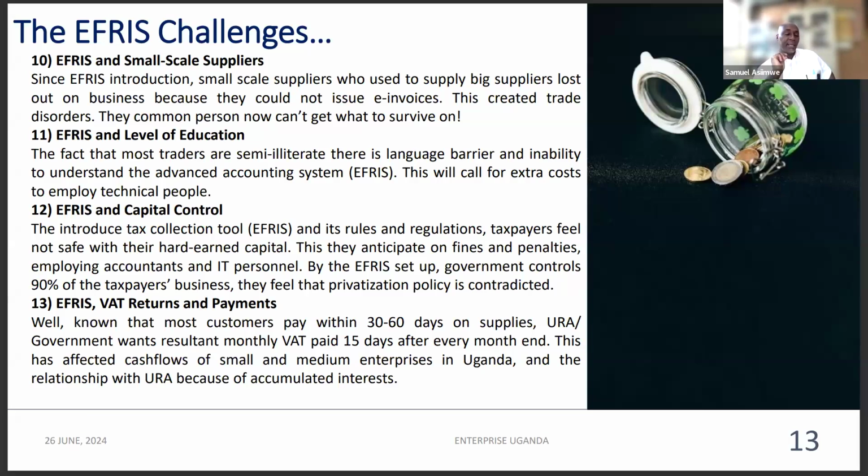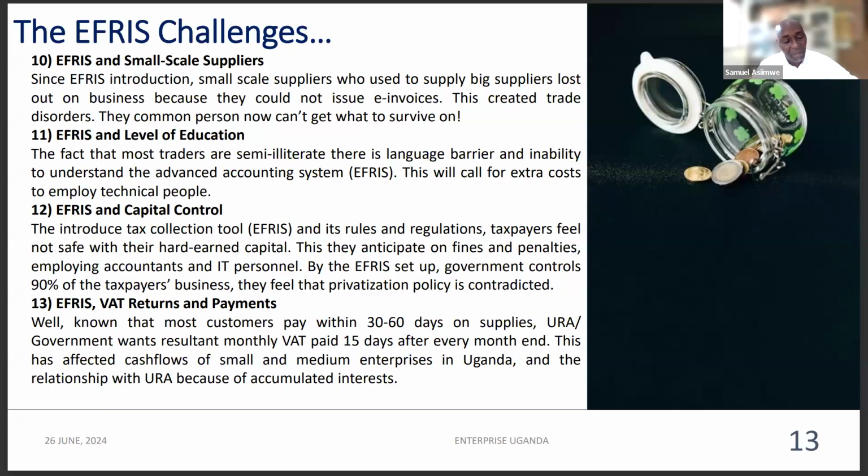And the bad part also on this line is the expenses, where we spend money where we would be getting our input VAT on purchases. You find that the other lines are not yet charging. For example, when you go to buy fuel, you find there's no EFRIS.